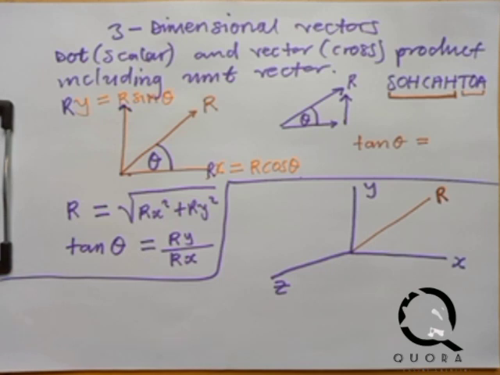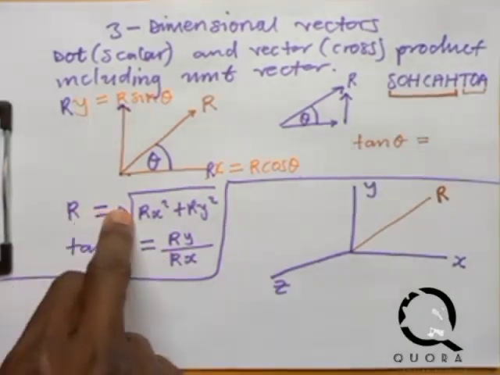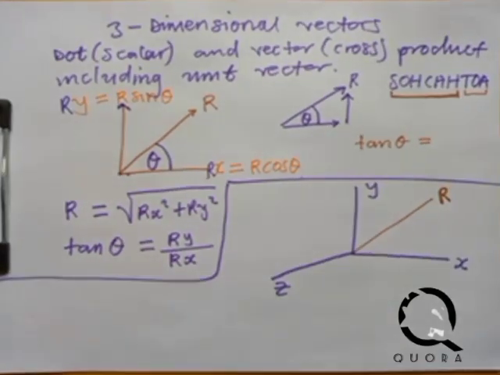Now, how do you find the magnitude of three-dimensional vectors? How do you find the resultant, or rather the magnitude, of three-dimensional vectors? It is very, very simple. We find it by just including the z-axis in this formula which we have here.